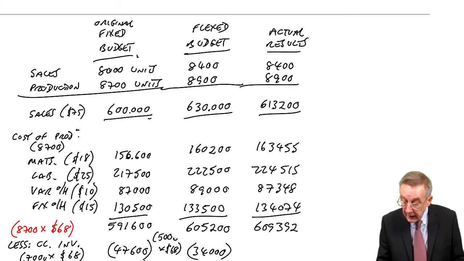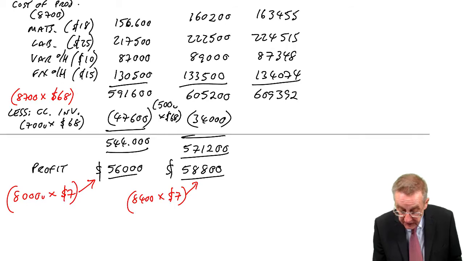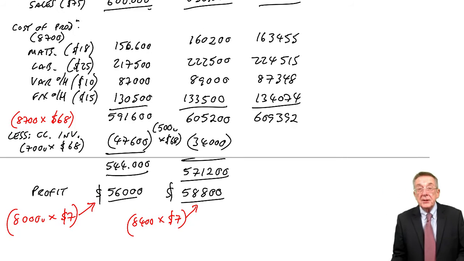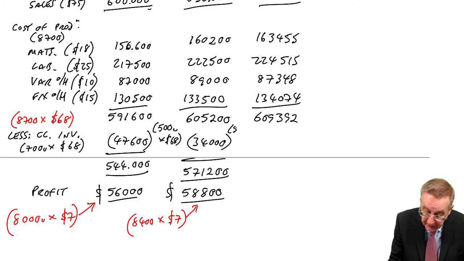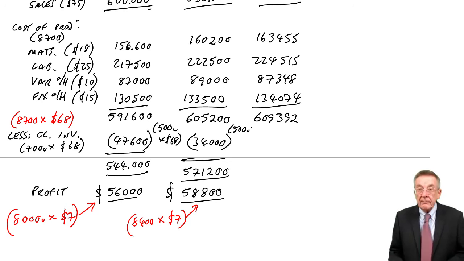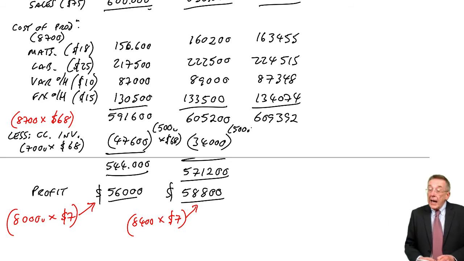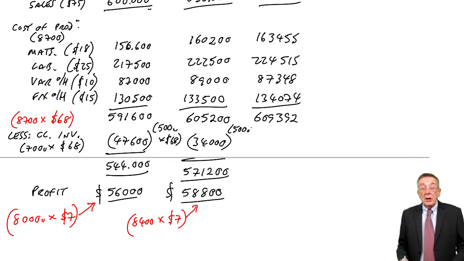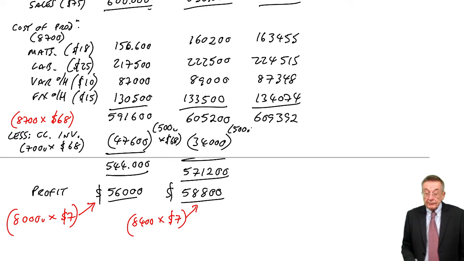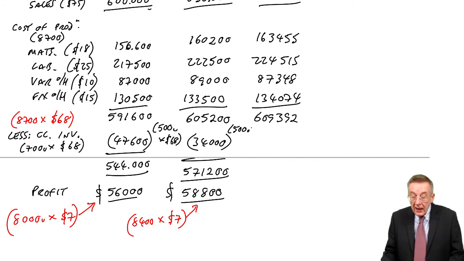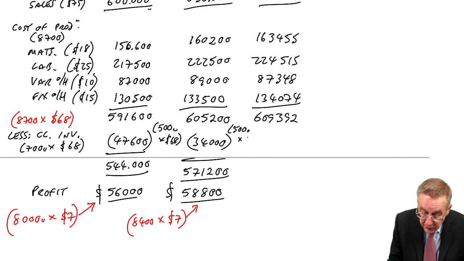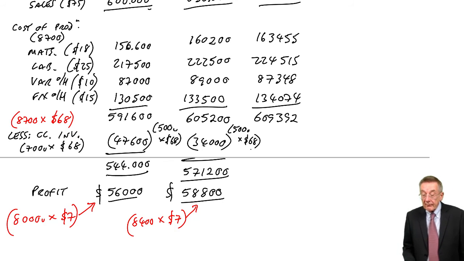But that's the cost of the 8,900 produced. Again, we need to subtract the closing inventory of 500 units. And whatever the actual cost of production turned out to be, certainly in variance analysis, we always value the closing inventory at the standard cost of 68. I'll say a few words about that in one moment.